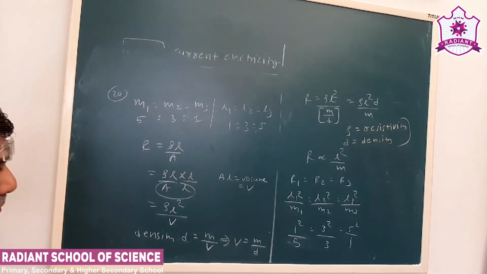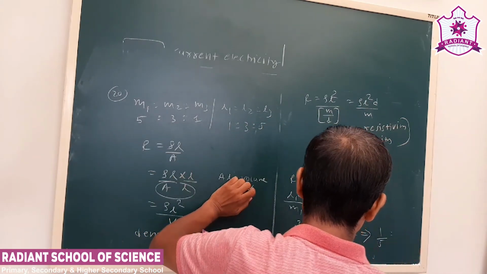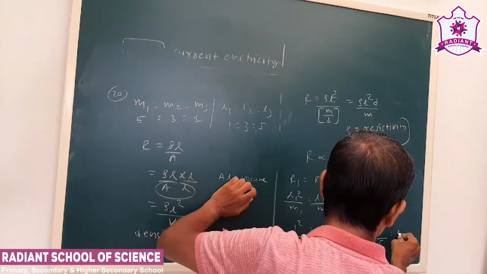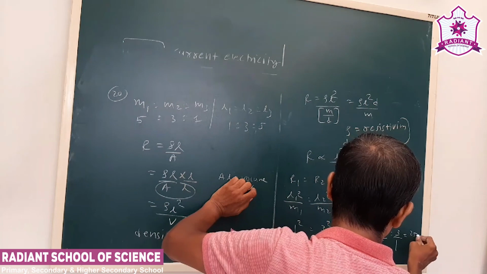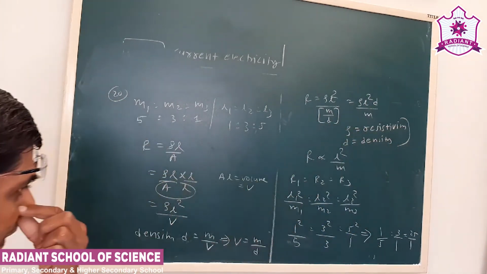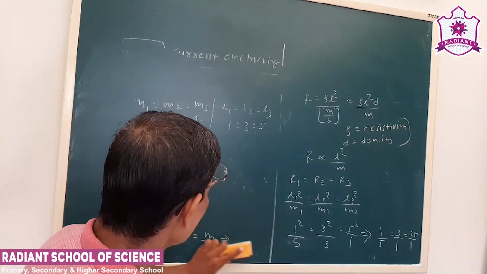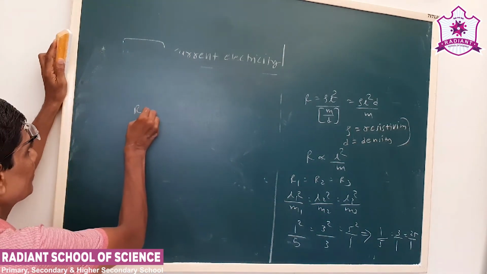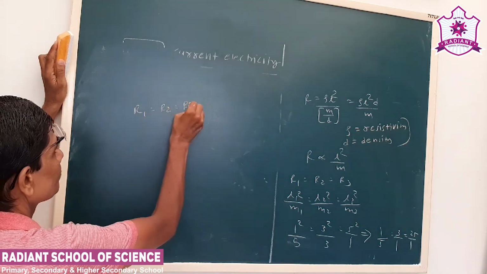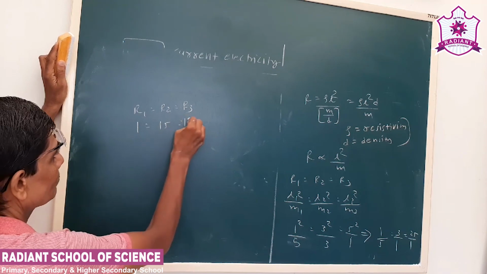Now we simplify: 1 upon 5. See, this is 9 upon 3, that is 3. 3 upon 1, 5 square is 25. Now see here, 5 is our LCM, so it will be R1.